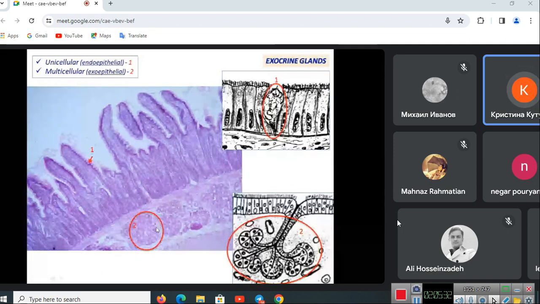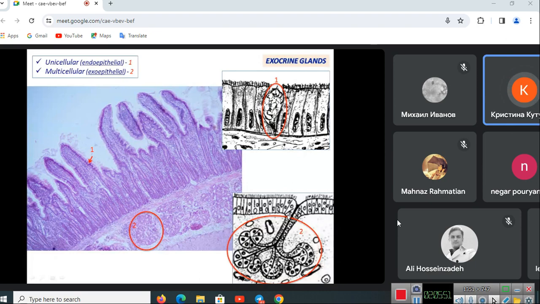So these are secretory portions, and the ducts will lead to the surface of this epithelium here. These glands will also produce mucus in this particular example of the duodenum.